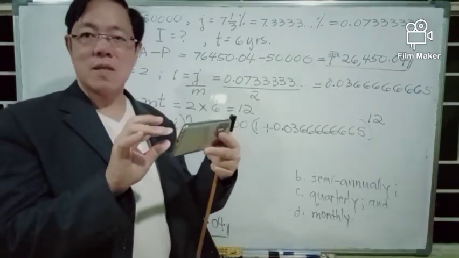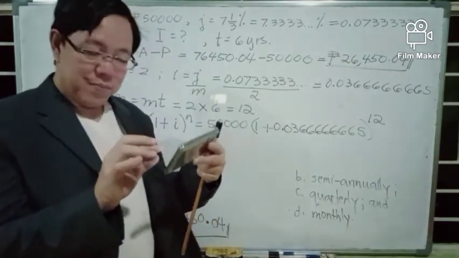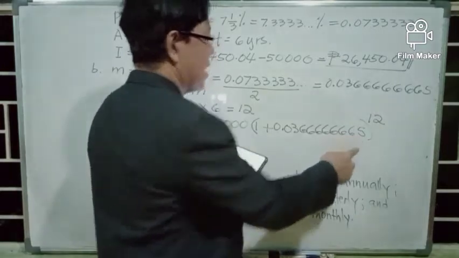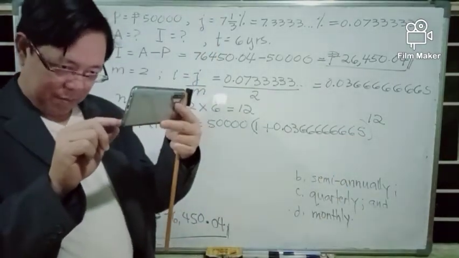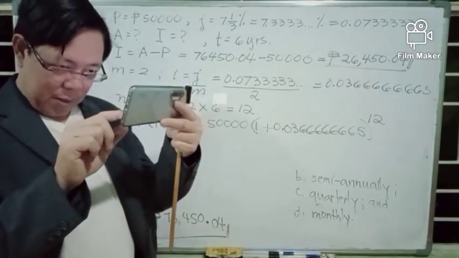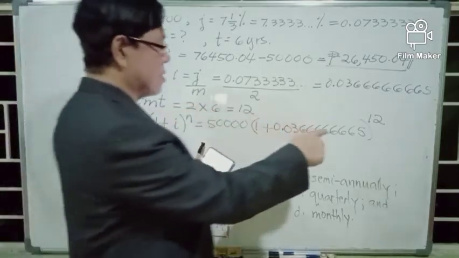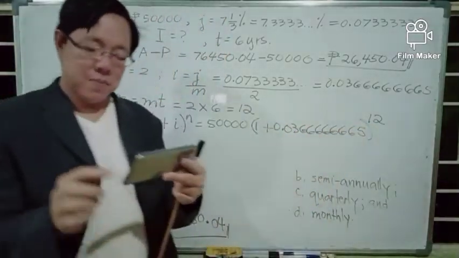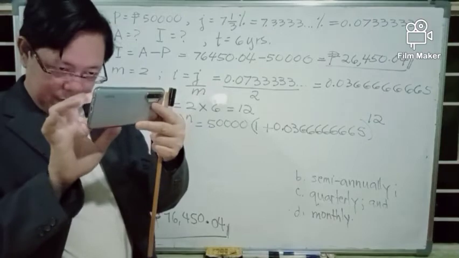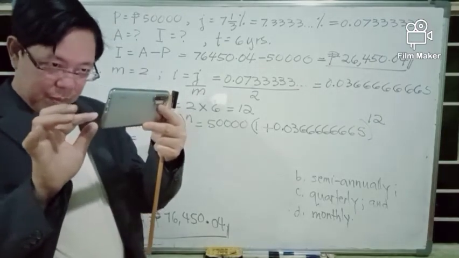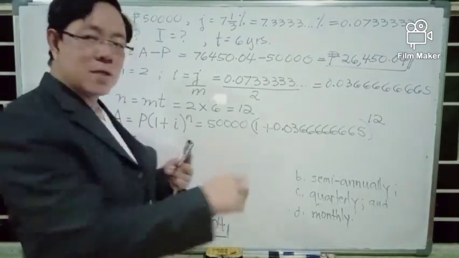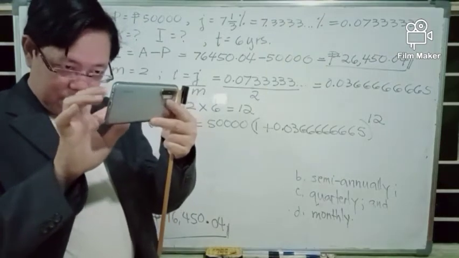Press as many 6 as you can in your calculator, and the last digit is 5. Then raise the sum to the power 12, and multiply the answer by 50,000 pesos.